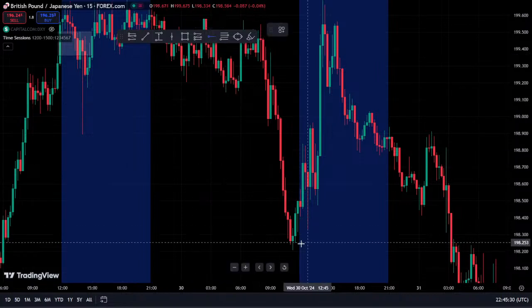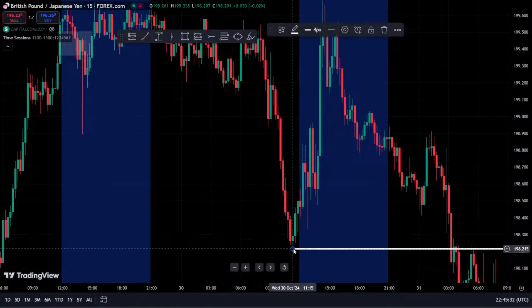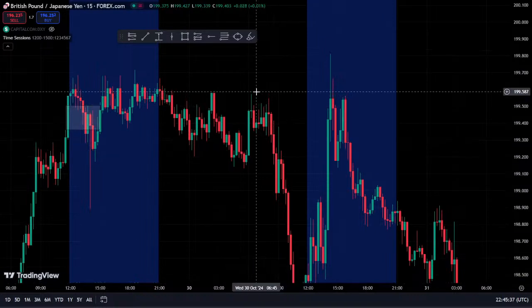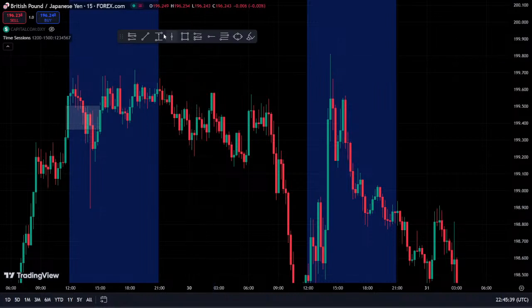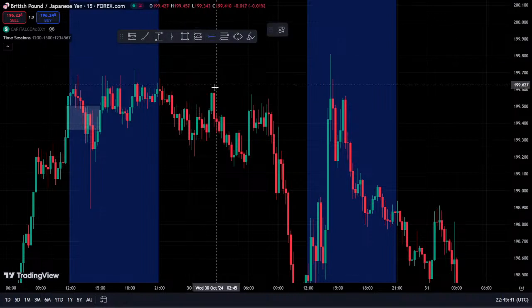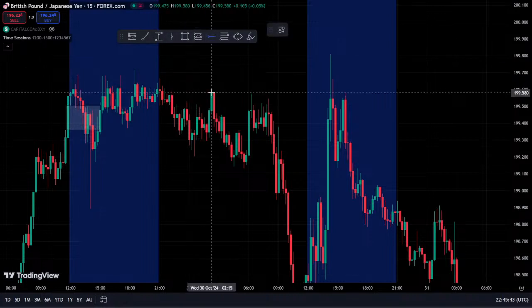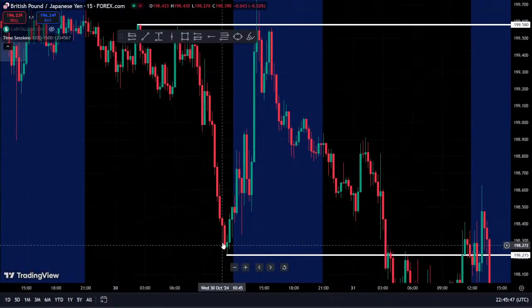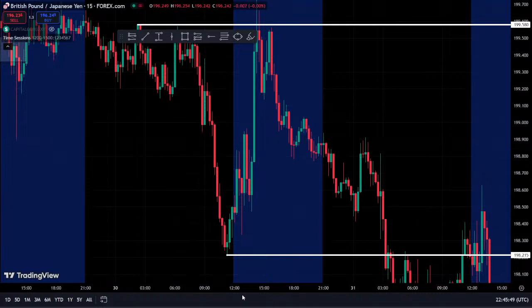Okay. So far this is low, and we label this as the high. Okay. This is a downtrend.